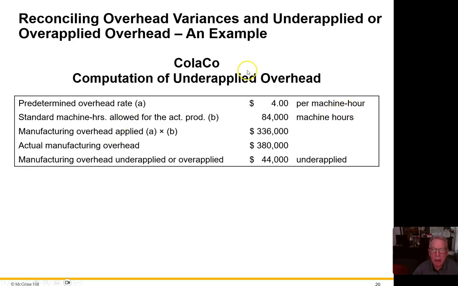We're going to use some Coca-Cola examples again. And our predetermined overhead rate is $4 per machine hour. The standard machine hours allowed for the actual period was 84,000 machine hours.